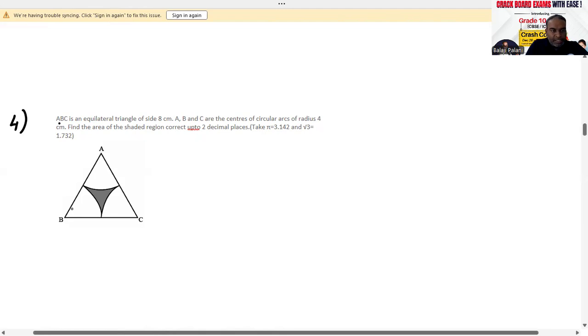If you guys can understand this, this is one sector, second sector, and third one. So the shaded region is just sandwiched between the 3 sectors. So the required area, the shaded area, can be found out using the logic: equilateral triangle area minus 3 sectors. Okay, so this is how we can try and solve this.